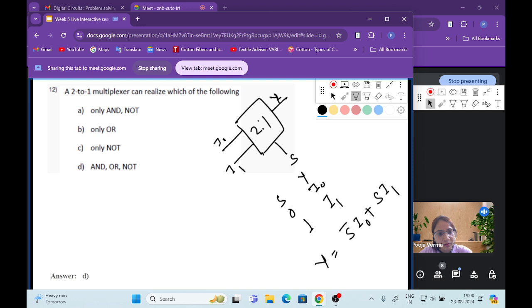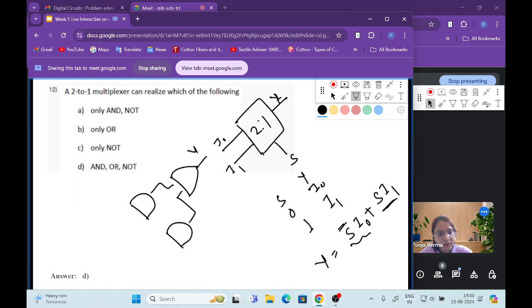If we implement it, how many gates are required? From here we can see that 2 AND gates are required to multiply, and to add these two, one OR gate is required, and because of S dash, one NOT gate is required, right? So first take one AND gate and another AND gate, and we have to OR these two inputs.